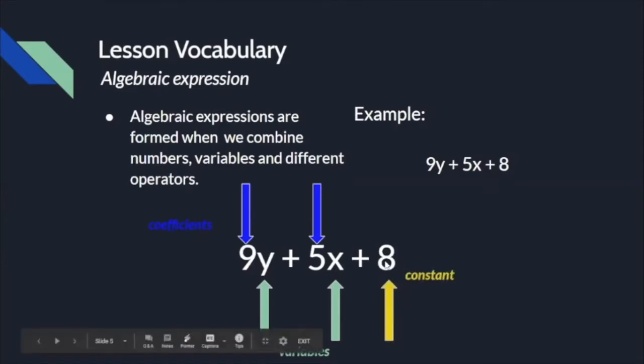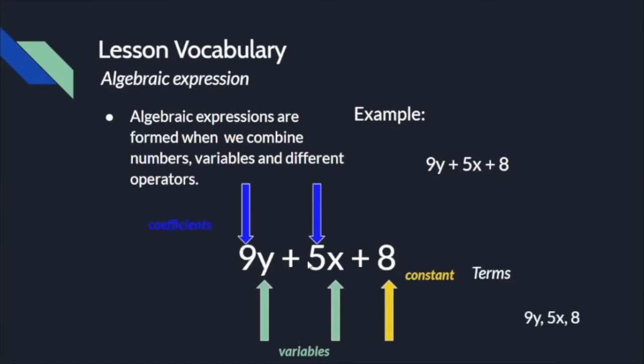Notice that this number here on the end, the number 8, has no variable attached to it. So we call this number a constant. If we were asked to separate this expression using the operation symbols, or in this case, the plus signs, we could break this expression up into something we call terms. This expression has 3 terms, 9y, 5x, and the number 8.